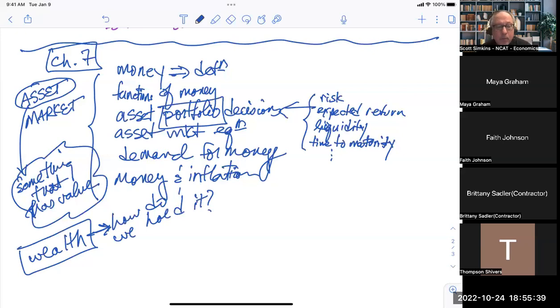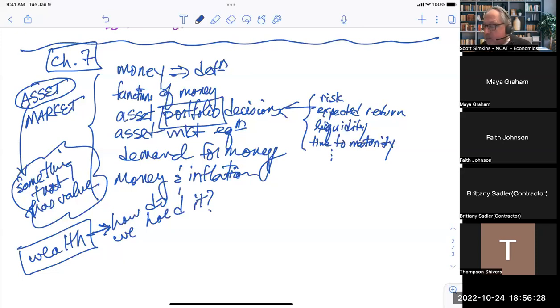Part of their wealth might be tied up in a car, a house, a nice bike or motorcycle, artwork, or if you're really fancy and hip, non-fungible tokens, NFTs. Maybe cryptocurrency, stocks, bonds, a retirement account, savings accounts, checking accounts. Those are all types of assets, and people often hold some of all of those things.